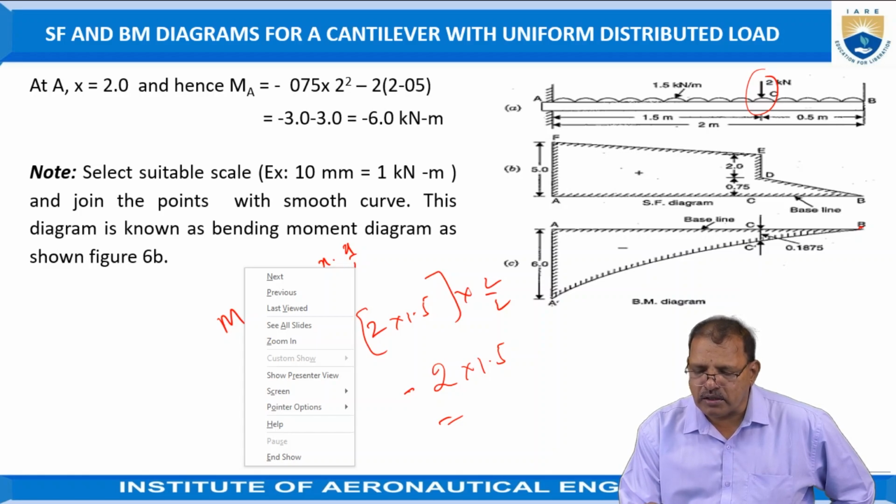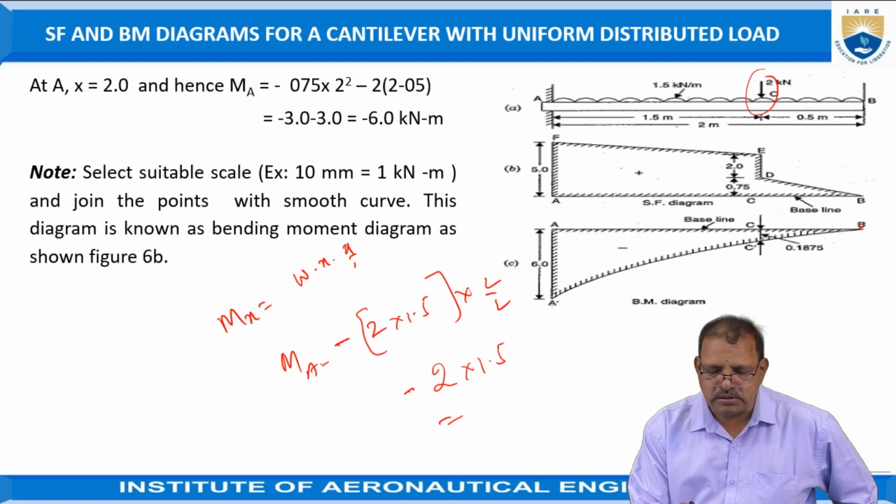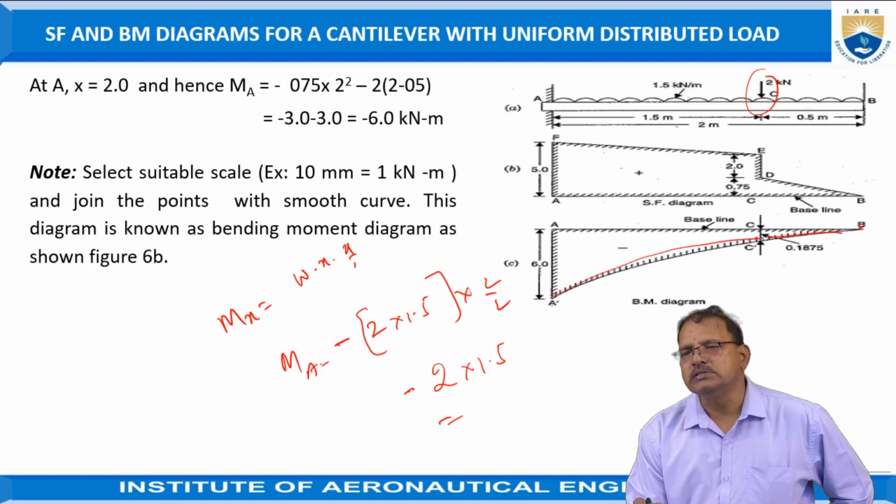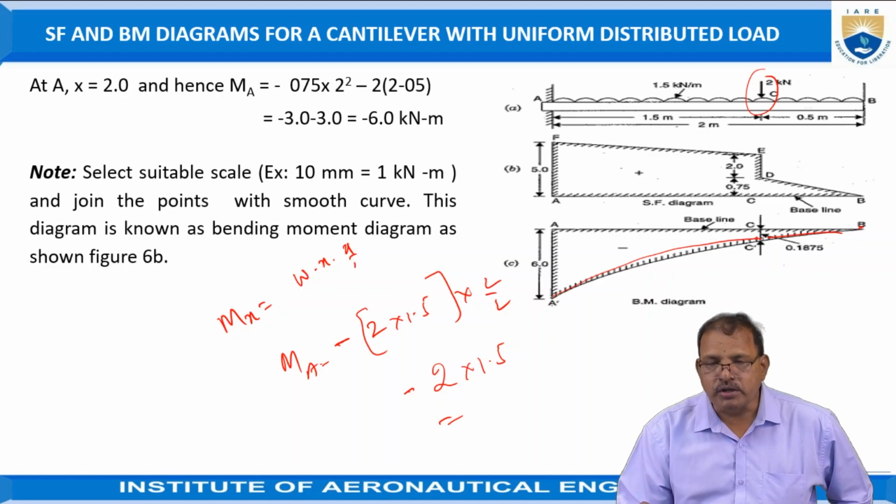Represent the value at C, 0.1875, which we have calculated. Draw this parabolic curve between B and C. After that, A is given as 6. Just join C and A again using a parabolic curve. This represents the variation of bending moment across the length of the beam.